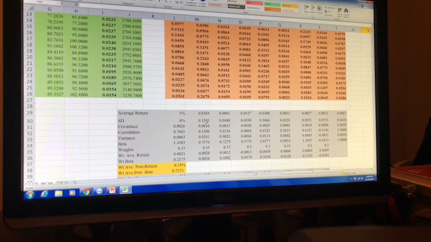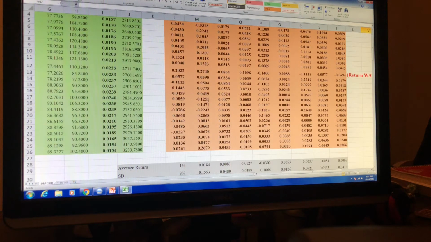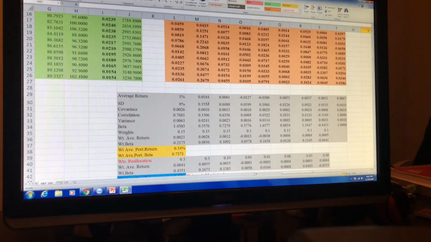Here we see a 15% deviation from the average in terms of the stock price, and because we looked at the adjusted close for 24 months, the adjusted price for each one of these from the average was about 15%, according to the standard deviation that we calculated.